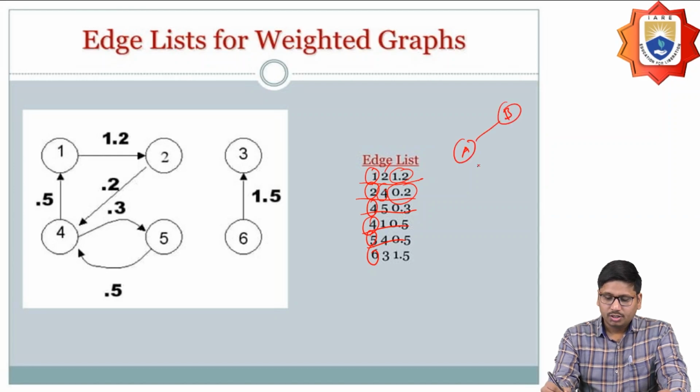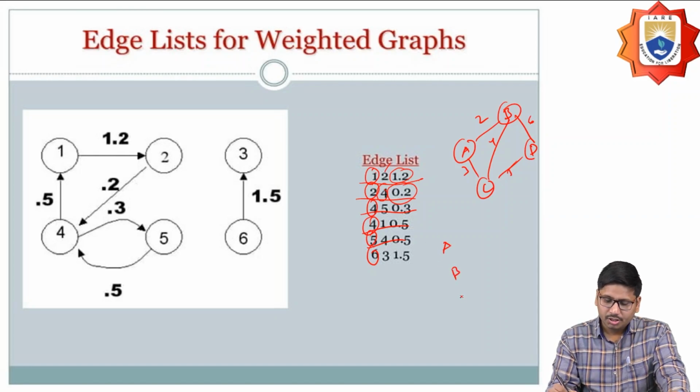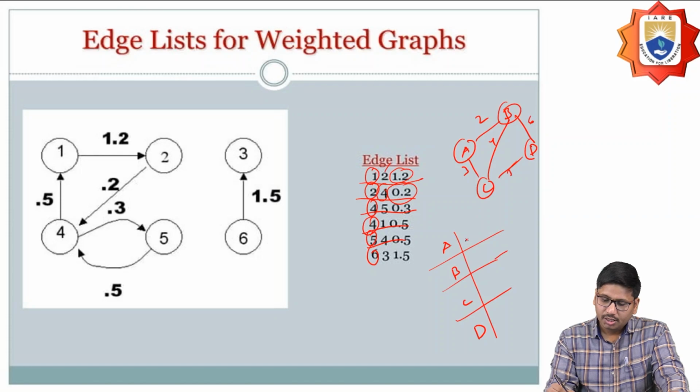So I'm going to construct one more graph here. This is the given weighted graph. So how is the adjacency matrix going to be presented? A, B, C, D. For this one, the nodes that are connected here are A to B, so that should be 2, and B to A is also 2, and B to D, and B to C also.